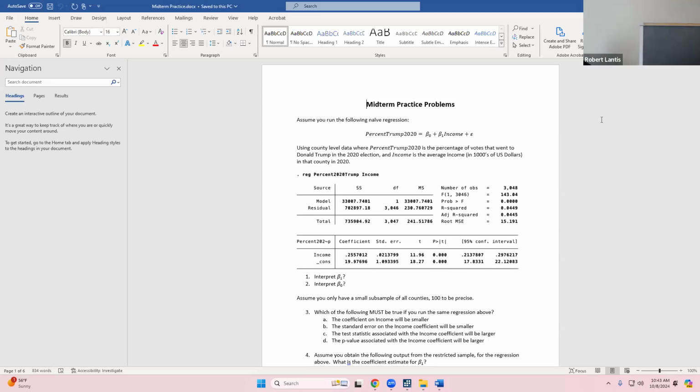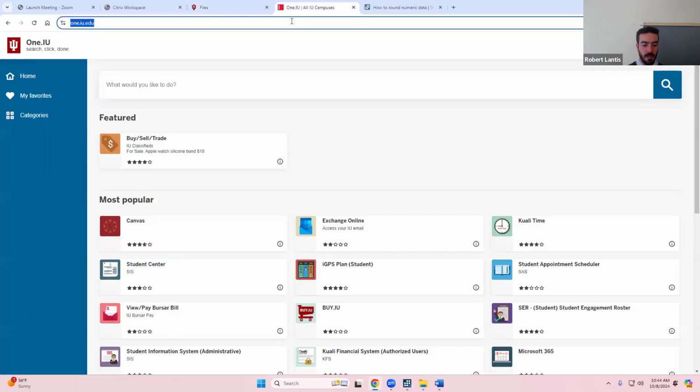It's just that when we look at the actual data, if I'm looking at average income and I'm looking at percent that voted for Trump here, it could be, well, I don't know. We could look up what the lowest average income is, actually, just out of curiosity, right?